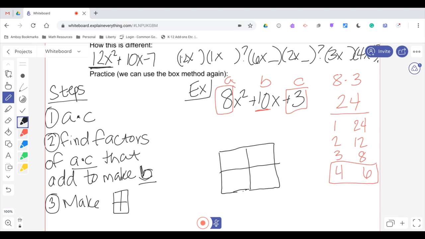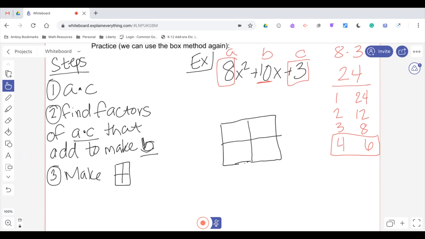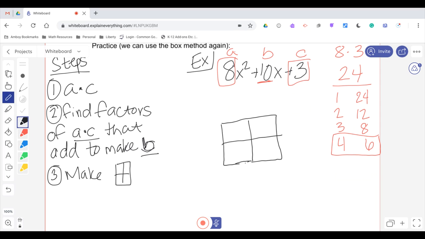And then I also want to write that we're going to fill the box. If you used the box method when we were multiplying, we started with numbers on the outside and we filled up the inside, kind of like a Punnett square in biology. But this time, we're going to fill up the inside and work our way out.